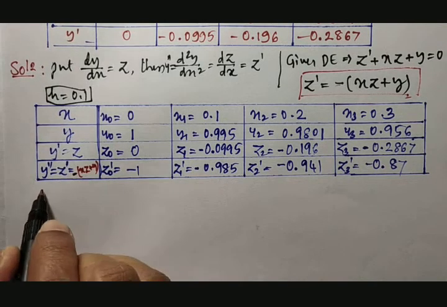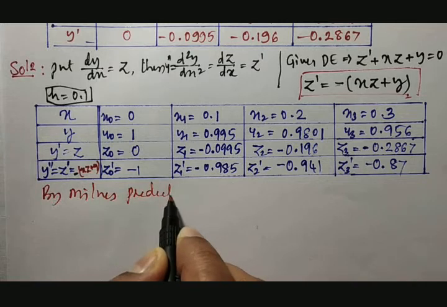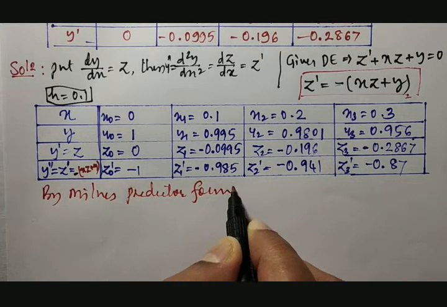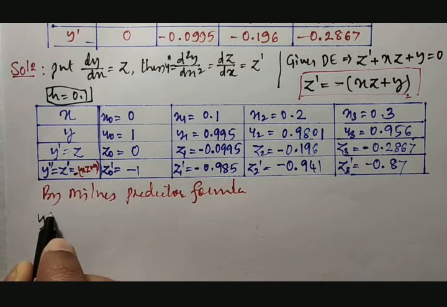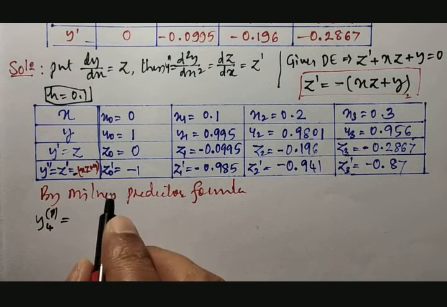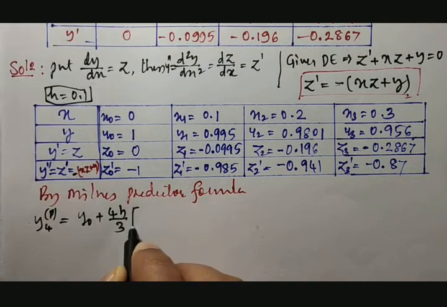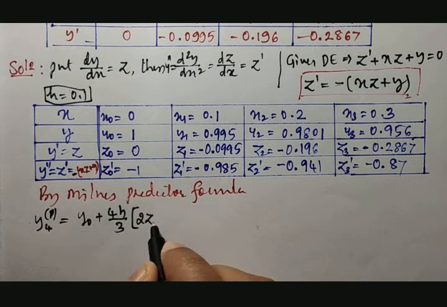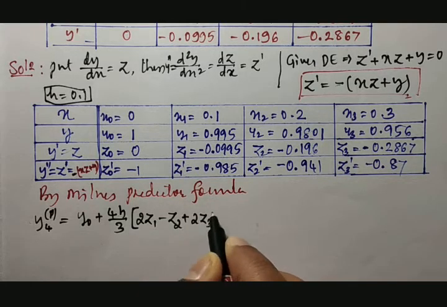Then we need to go for the prediction. Therefore, by Milne's predictor formula, what does Milne's predictor formula say? Prediction to y4 is equal to y0 plus 4h divided by 3, that into 2 times z1 minus z2 plus 2 times z3.